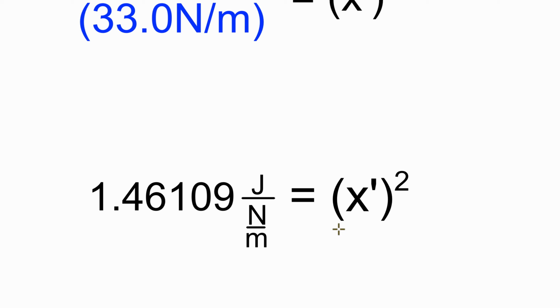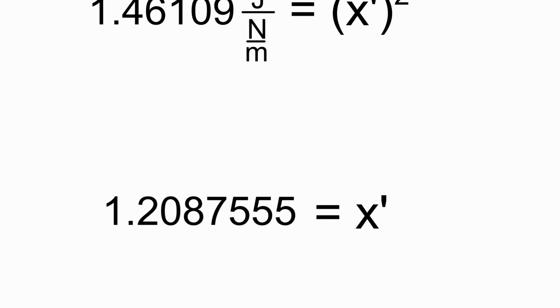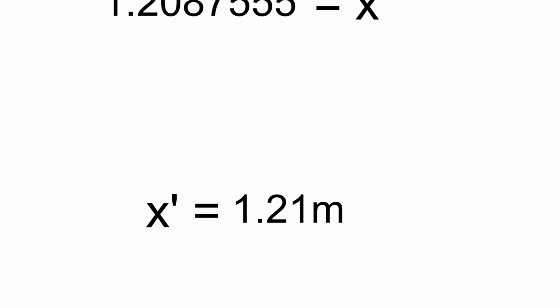And I will just let you know that because we are doing everything in standard metric units, our displacement for the spring will be in meters. So we have to take the square root of both sides. We end up getting 1.2087 with a whole bunch of 5s. And because our question only had 3 significant digits at the beginning, we can only go to 3 significant digits, which means we have a displacement of the spring of 1.21 meters.